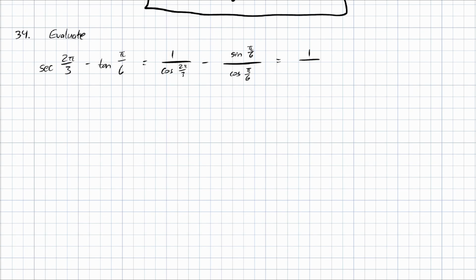So negative 1/2, minus, sine pi over 6 is, I'm blanking, this is 1/2 over root 3 over 2. Why am I so slow on this? Sorry. This is negative 2 minus 1 over root 3, which is negative 2 minus root 3 over 3. There you go.